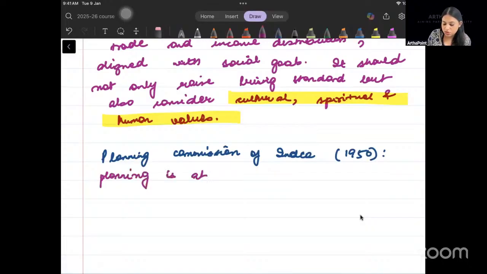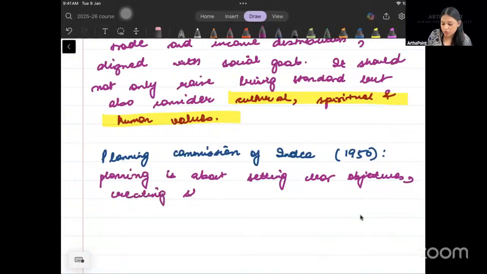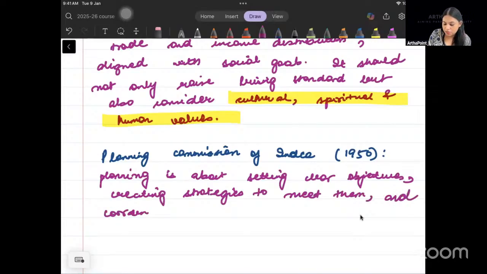Planning is about setting clear objectives, creating strategies to meet them, and coordinating means with ends.